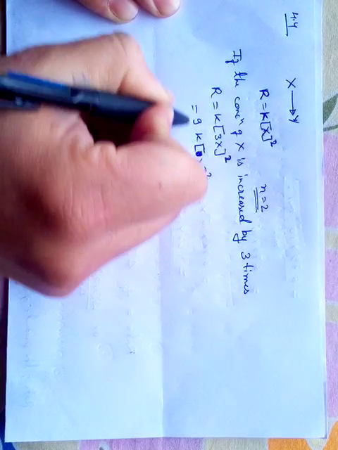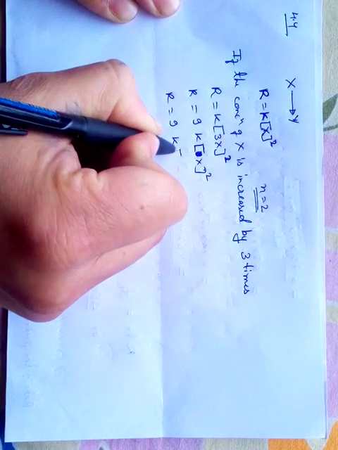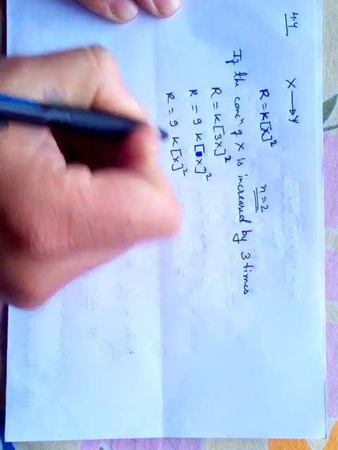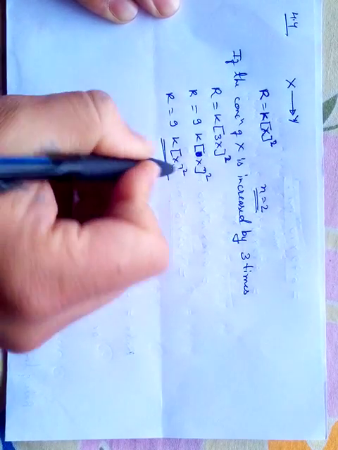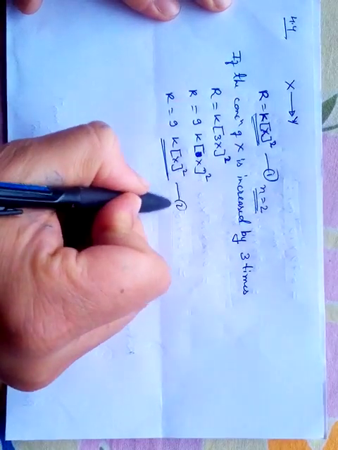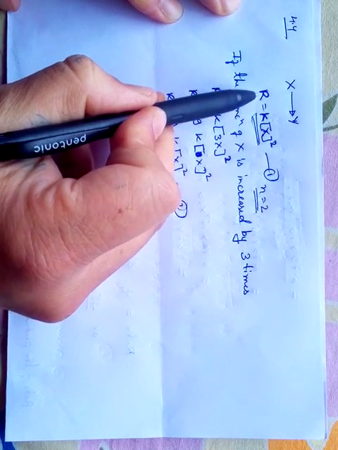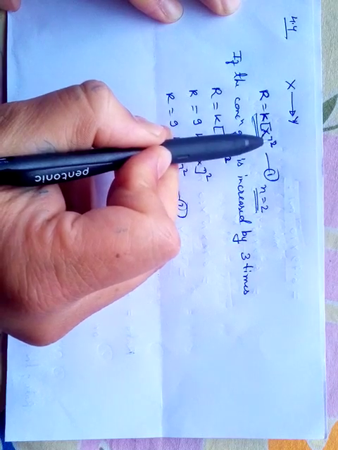So again I'm just writing it to be more clear. Just compare this factor. This is equation 1 and this is equation 2. Equation 1 is the initial one, so the rate is equal to K X to the power 2.